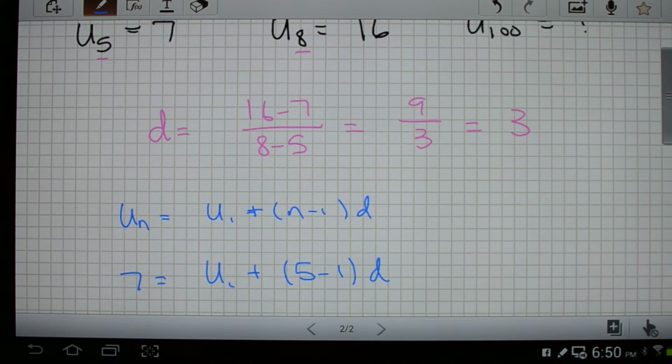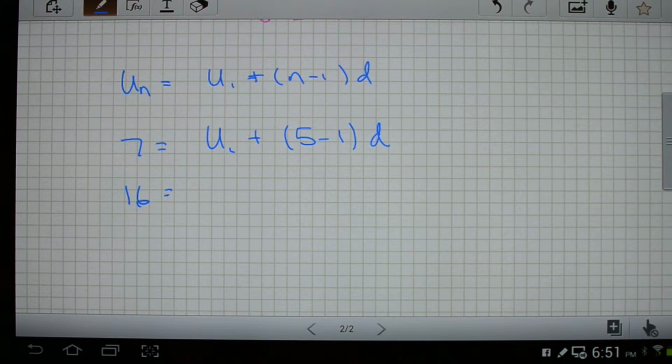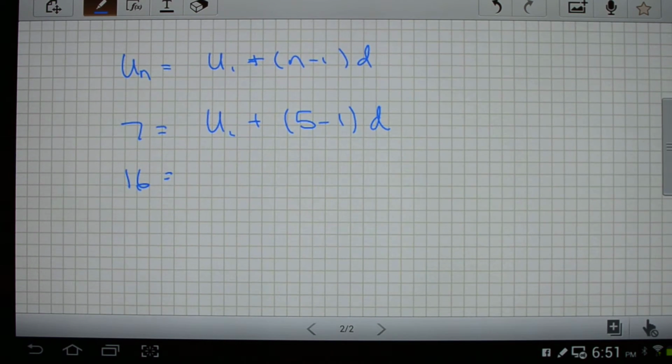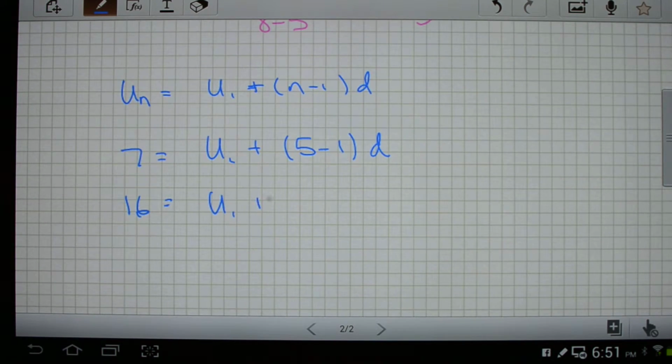And then U8, the eighth term is 16, that's why that goes there. The term itself goes there. And then it's U1, we don't know that. The eighth term, so 8 minus 1 times the common difference.